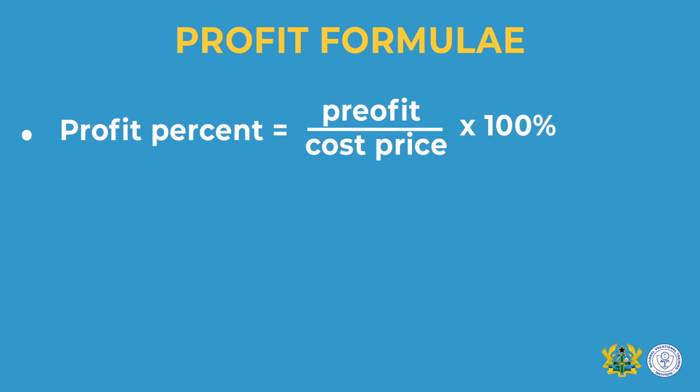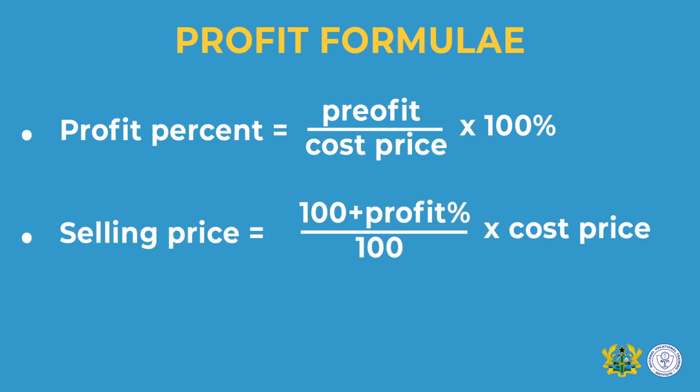Once again, with that formula, we can also deduce selling price, which gives us 100 plus profit percent divided by 100 times cost price.